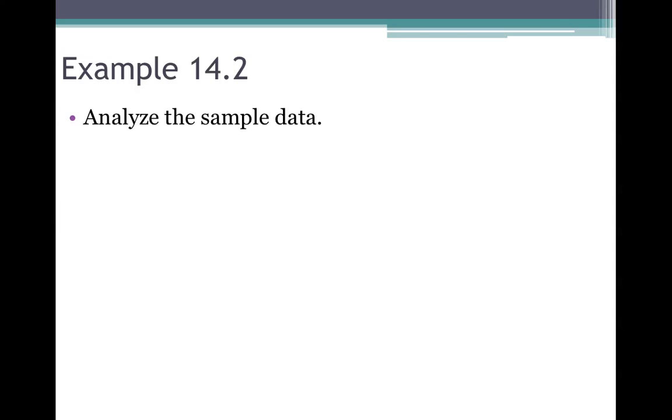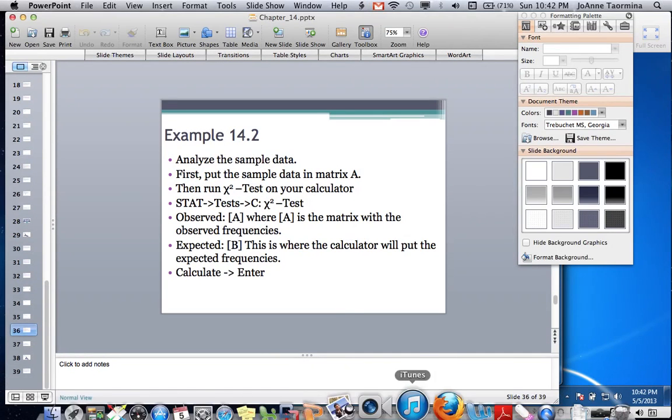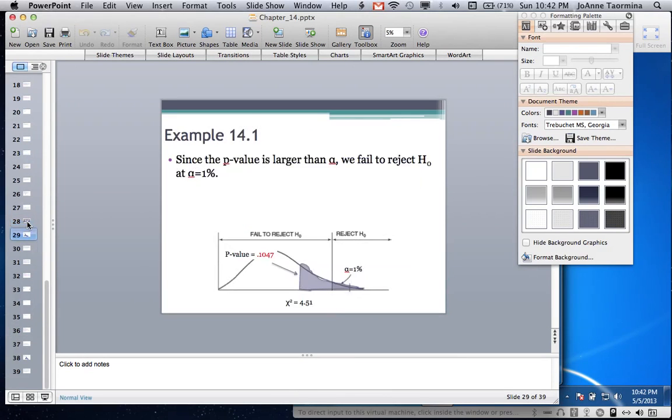The sample data. So we have our table, and we have to enter it into the calculator. So if we go to the calculator, and I'm going to open up that sample data again.